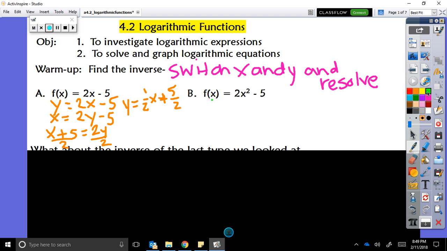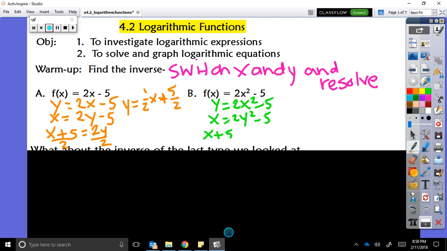Alright, so then let's talk about this other one because it's very similar. First step's being the same. So y equals 2x squared minus 5. Add 5, so y plus 5 is 2x squared. Divide by 2. I still see people taking the square root before dividing. So, oops, backtrack. I didn't switch the x and the y. Alright, so x equals 2y squared minus 5.